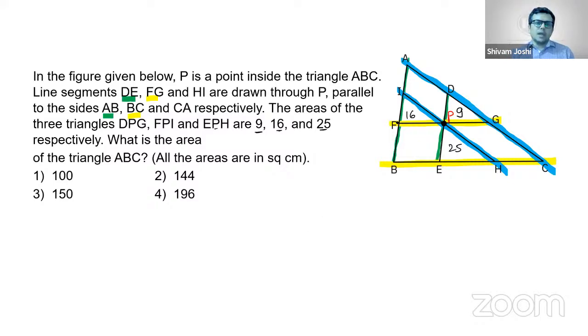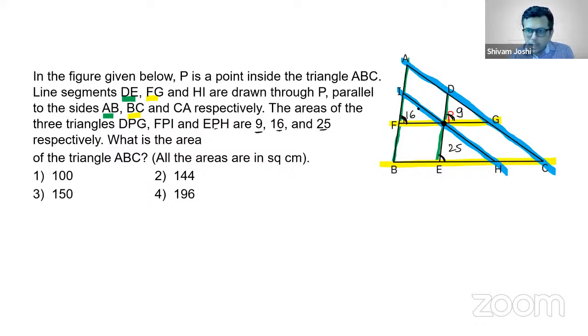Let me first tell you that these triangles are similar triangles, right? Which is very obvious because if you look at this angle and this angle, they should be equal. And even this angle should be equal, right? So all three respective angles, that is 1, 2, and 3, are equal, right?